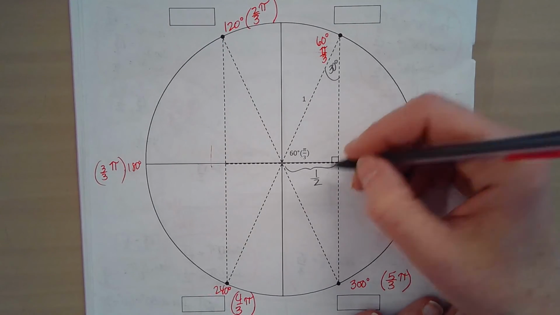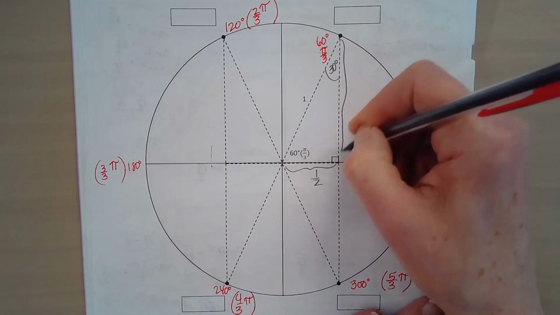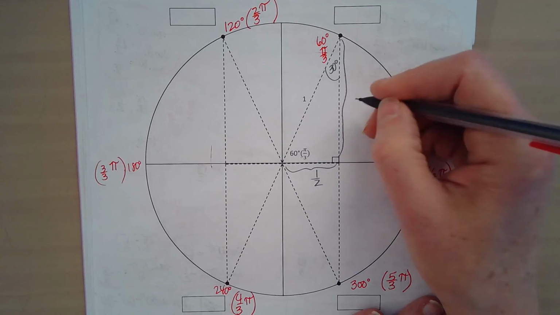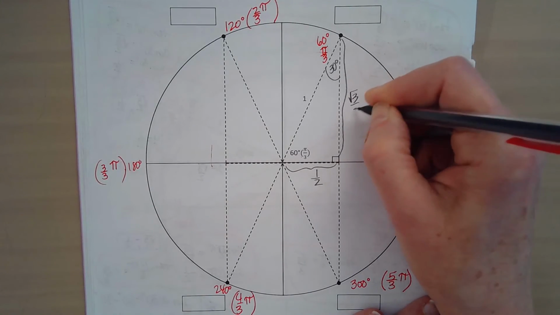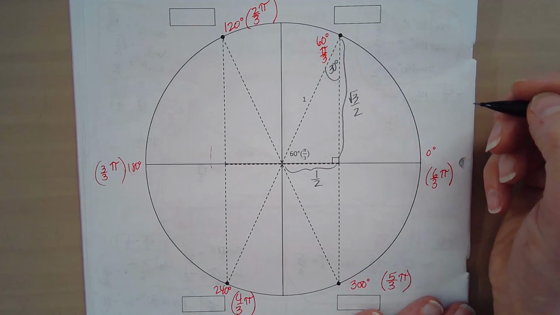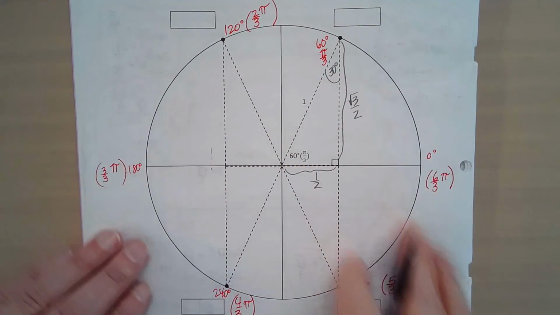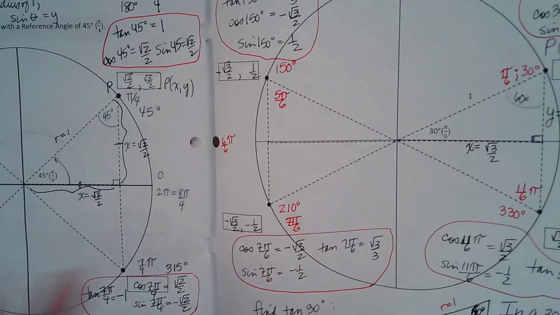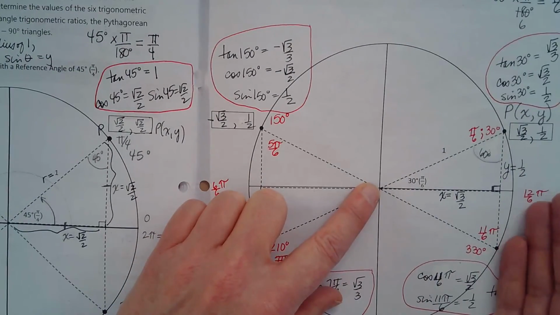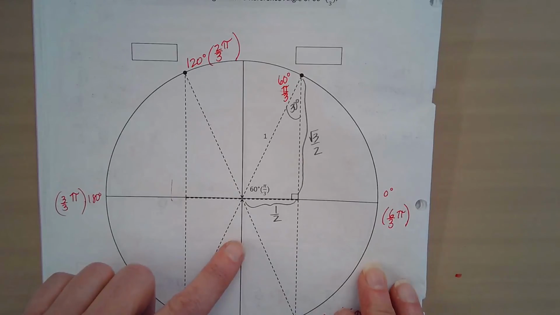So if this is a half, and I use Pythagoras again, this length will be √3/2, right? This is actually the same triangle, but instead of it being down low, it's just reoriented. We just took this triangle and flipped it and stood it up on its side. So the coordinates are the same, they're just flipped.